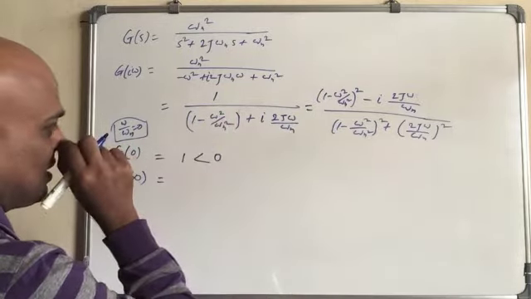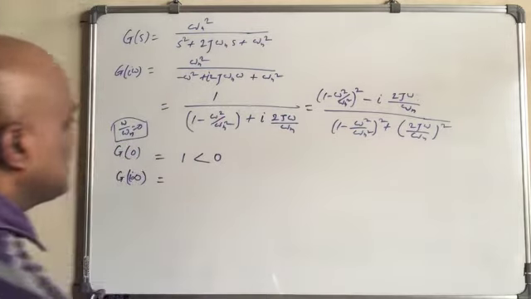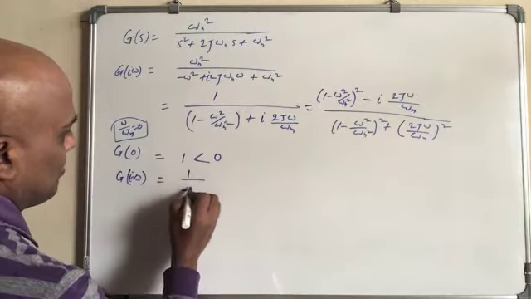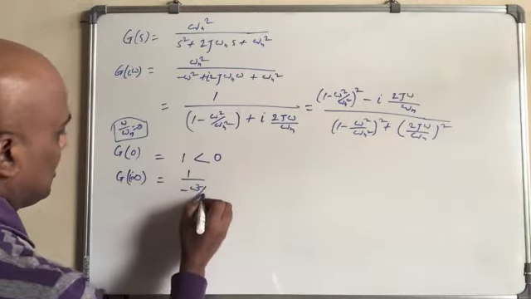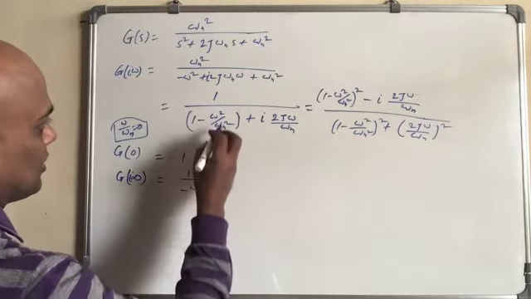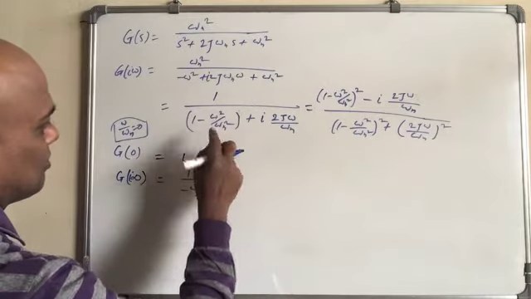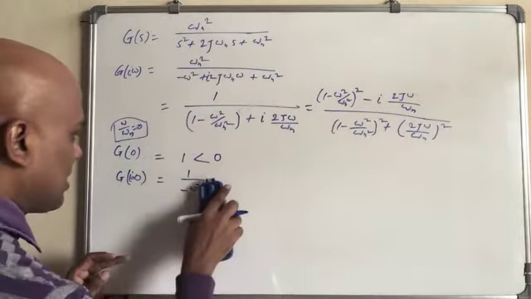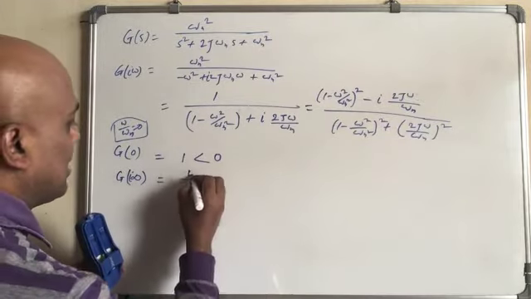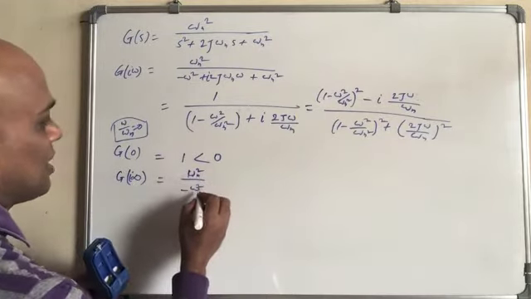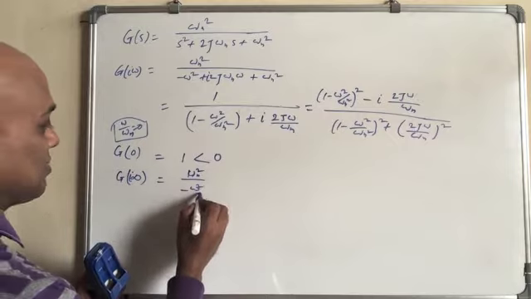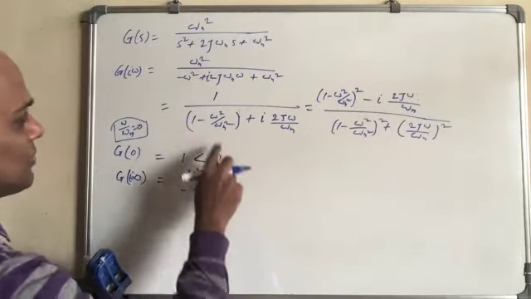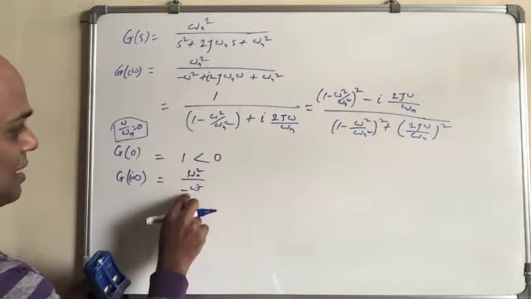So simply what we have is 1 over minus omega square over omega n square, where omega is very, very big, and then a minus sign here.